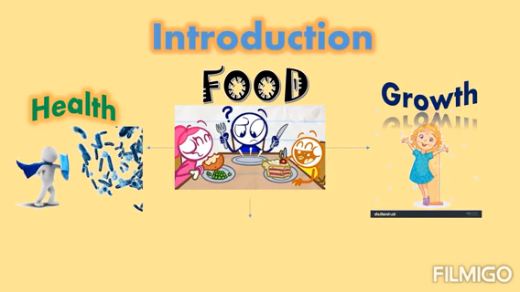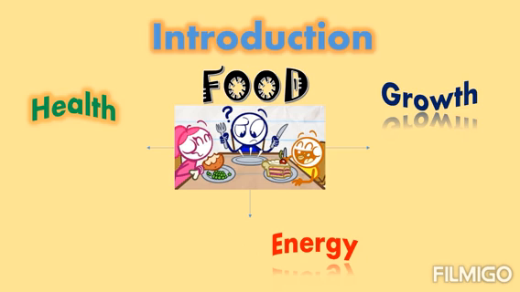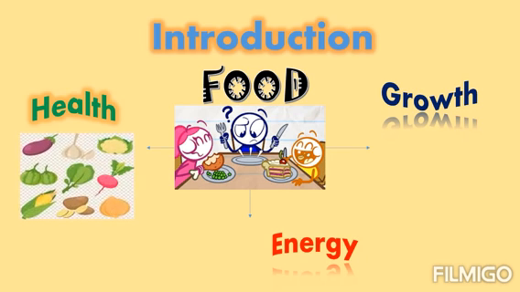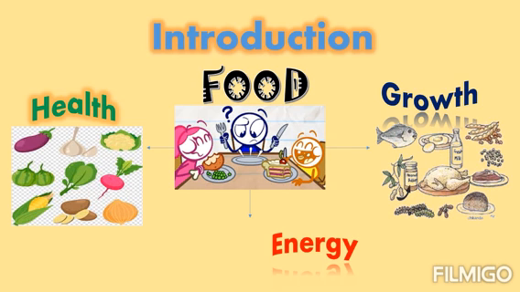So we need food to provide these three essential needs of our body. Health can be provided by fruits and vegetables. Our growth can be provided by fish, chicken, and milk, while energy we can obtain from eating carbohydrates.